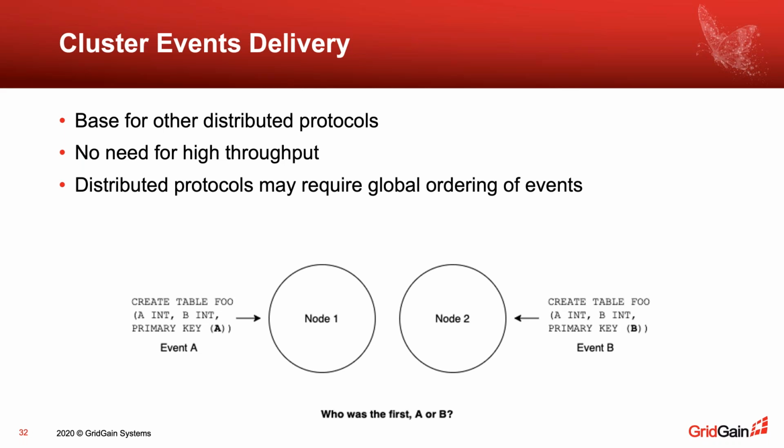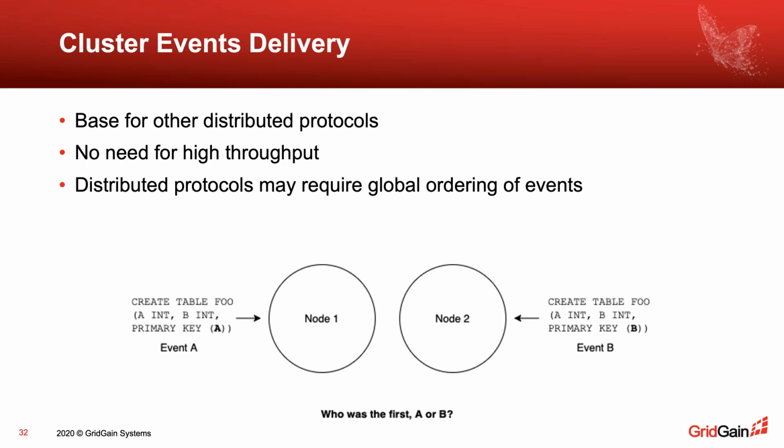In this case, both of these operations can happen. They can both succeed. One of them must succeed and the other must fail. But which one wins? Which one succeeds and which one fails?